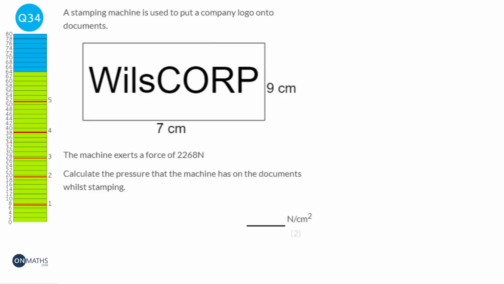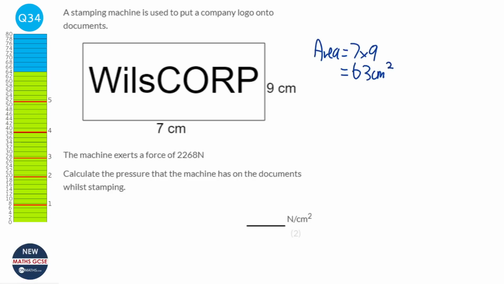To find the pressure, we need the area and the force. And we're given the force in the question, so all we need to do is find out what the area is, which will be the 7 times the 9, which will be 63 centimeters squared.